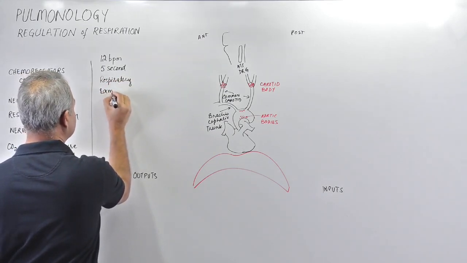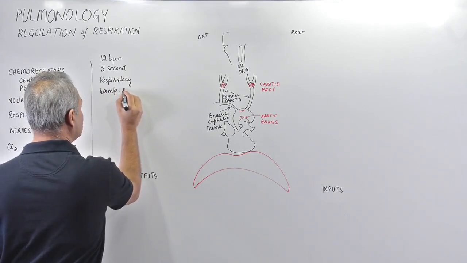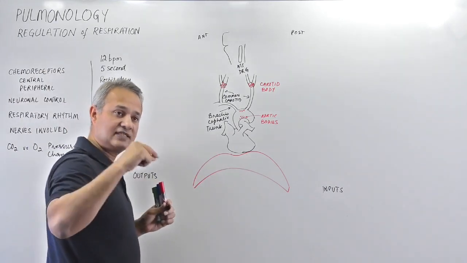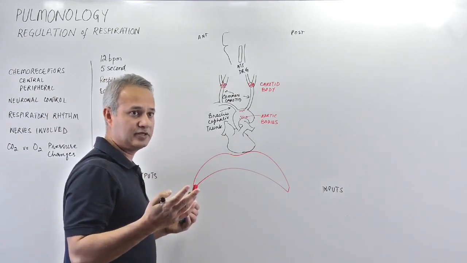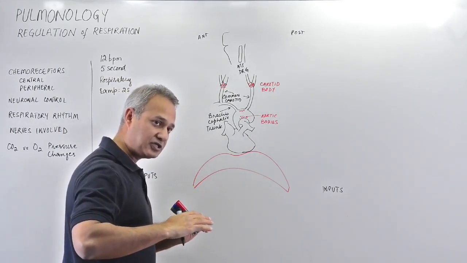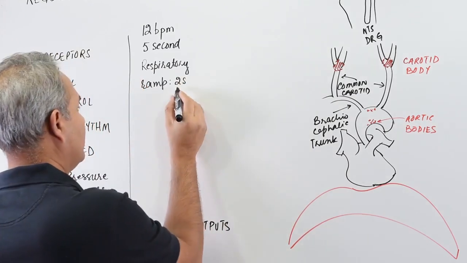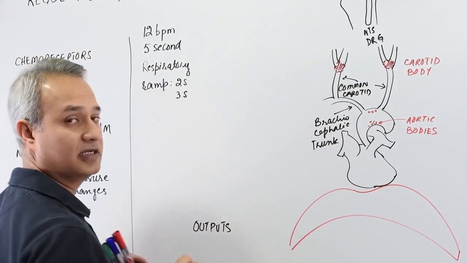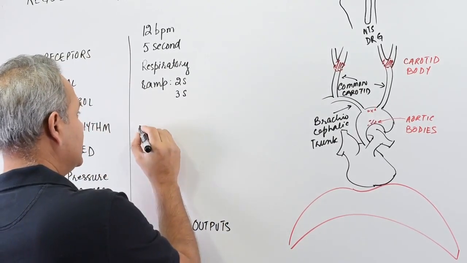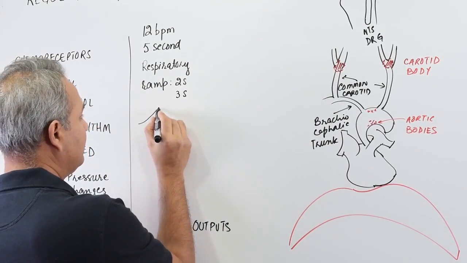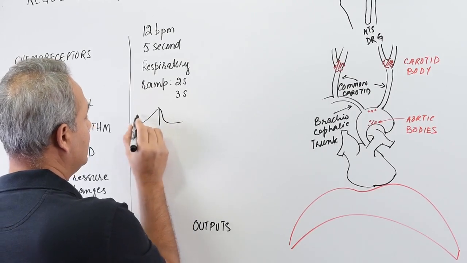What that is: it starts for 2 seconds, it starts inspiration. It sends signals to the diaphragm, in quiet breathing, for the inspiration. Then it cuts off that signal and for 3 seconds it is quiet. So there is a ramp, goes up for 2 seconds and then for 3 seconds comes down.